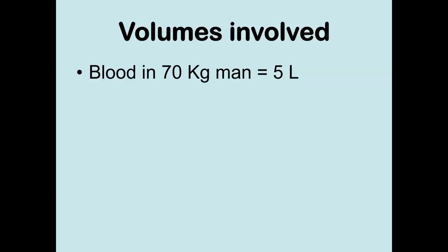Now, how much water is involved? What sort of volumes have we got? In an average 70 kilogram man, so an average man is said to be about 70 kilos, we have about 5 liters of blood.